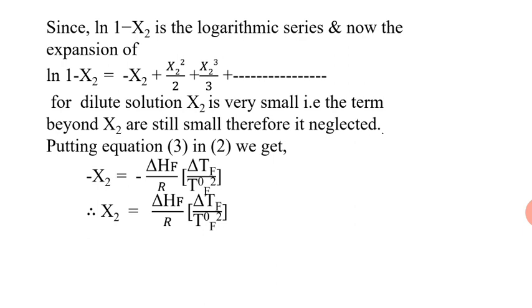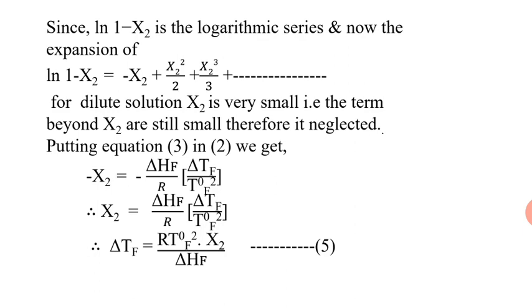Now rearranging the above equation, we get delta Tf is equal to R T0f square into x2 upon delta Hf, our equation number 5.